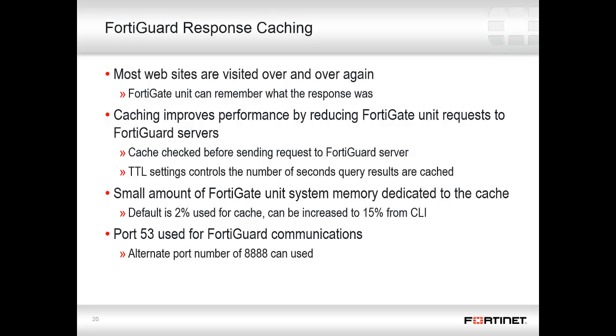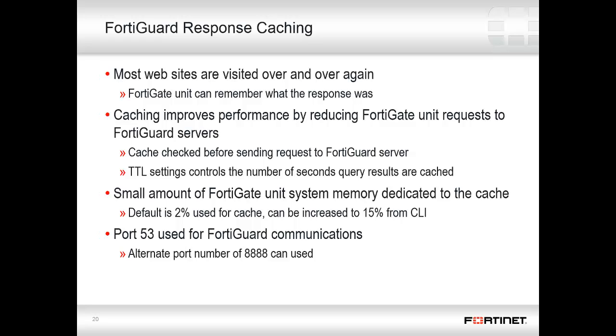Port 53 is the default since this is also the port number used for DNS, which is almost guaranteed to be open. However, any kind of inspection will reveal that this traffic is not DNS and prevent the service from working. In this case, you can switch to the alternate port 8888, but this port is not guaranteed to be open in all networks, so you will need to check this before setting this up.